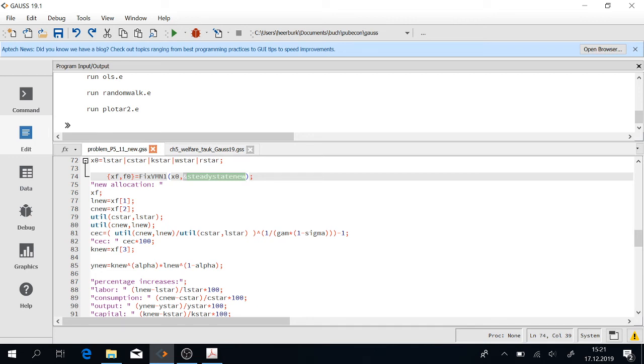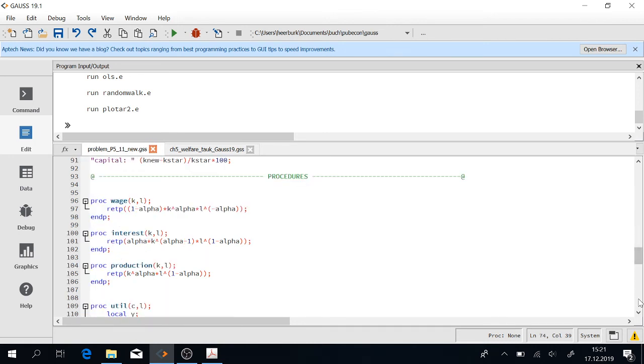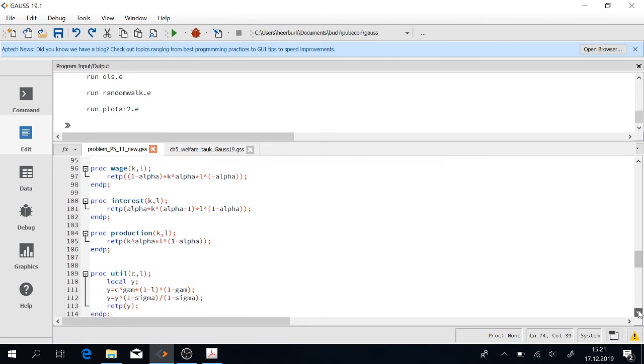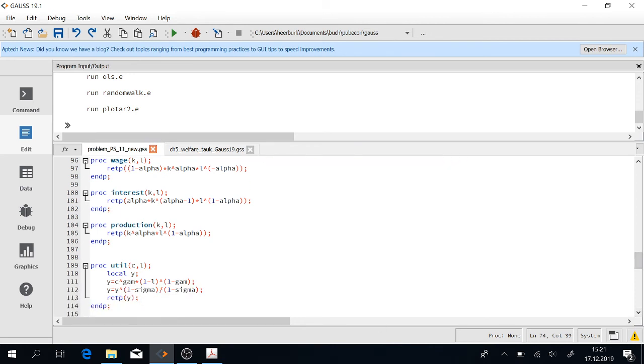We can also compute the consumption equivalent change. Therefore, we submit C star and L star as arguments to the function utility, util. So in the procedure util, here in line 109, we compute the utility, instantaneous utility from consuming C and leisure 1 minus L.